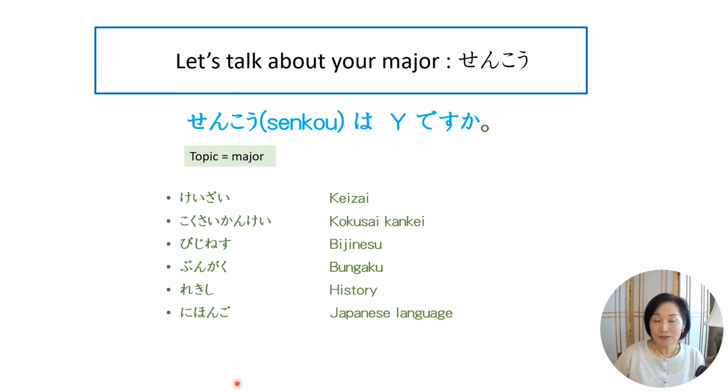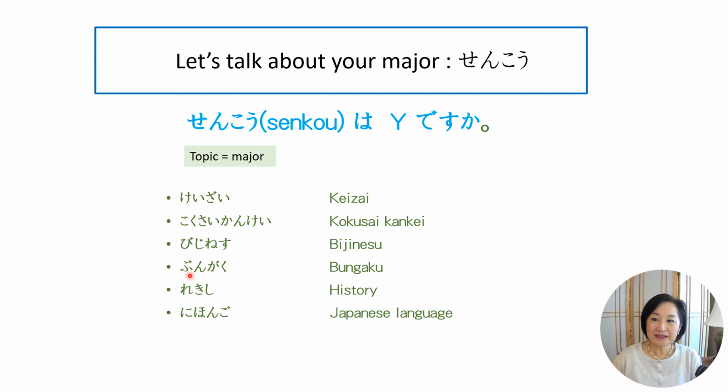This time I will switch the topic to your major. I will ask you two questions. Please answer me in negatives. 専攻は国際関係ですか? いいえ、国際関係じゃないです。Okay, how about this one?